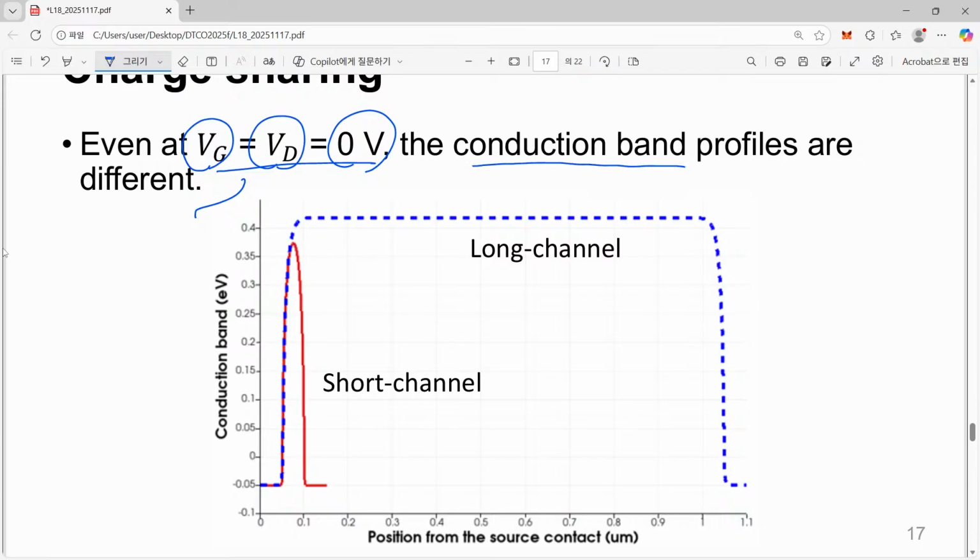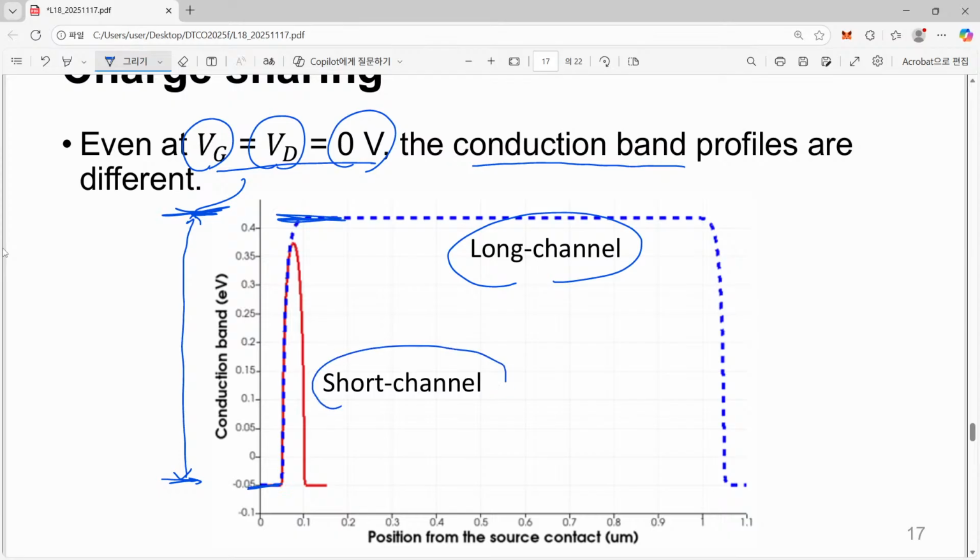The difference between the lower number and the higher number is regarded as the energetic barrier height to be overcome. In the case of a long channel MOSFET, the value is given as this one and this one. But if we have a short channel MOSFET, the red color is the barrier profile we have.